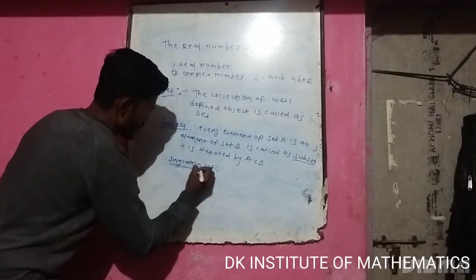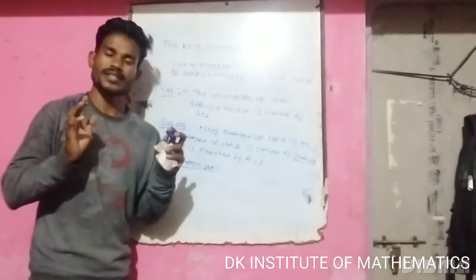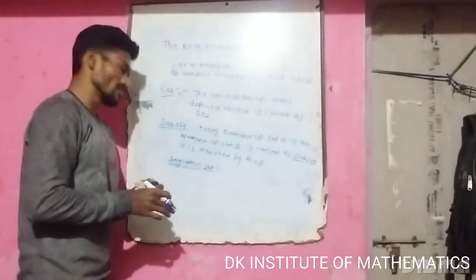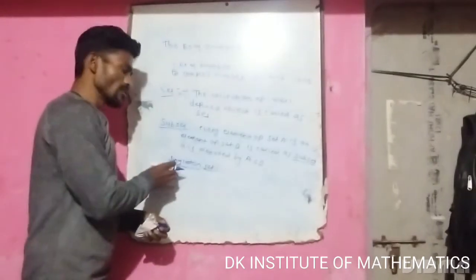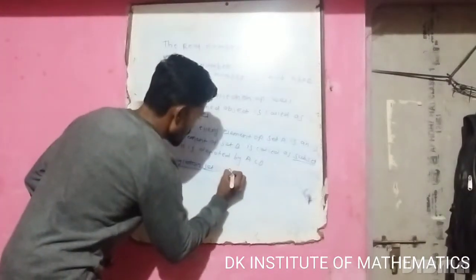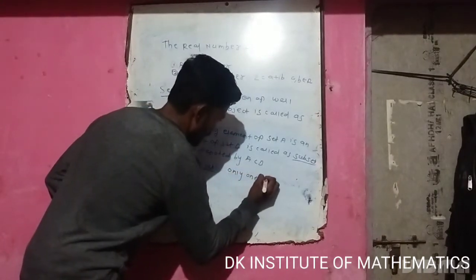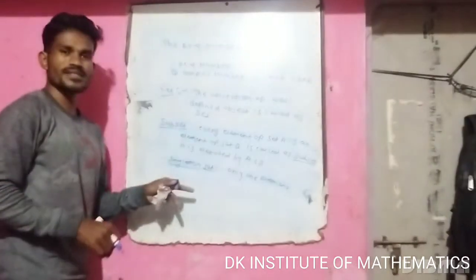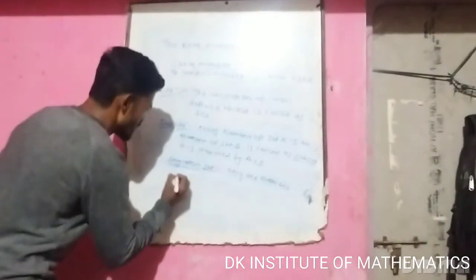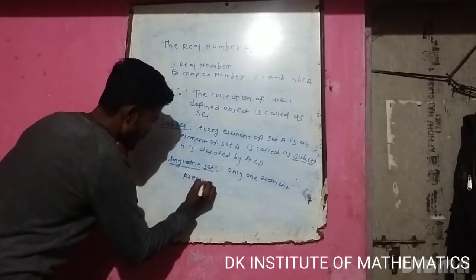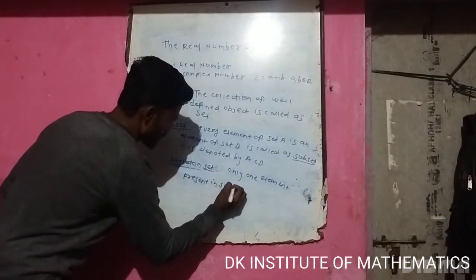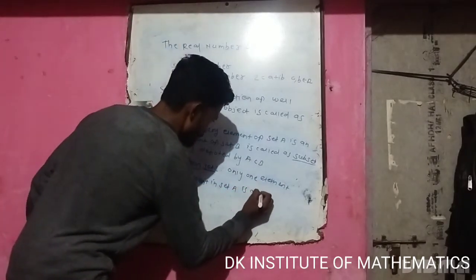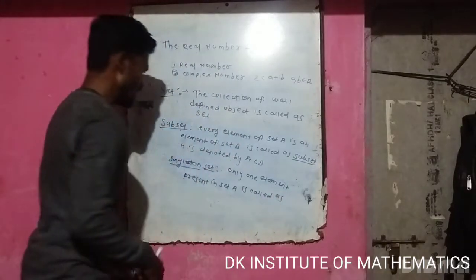There is only one element present in set A. It is called a singleton set. If only one element is present in our set, it is called a singleton set.